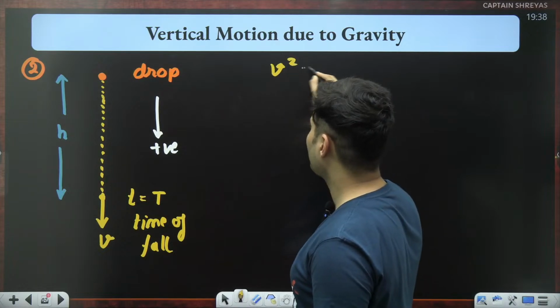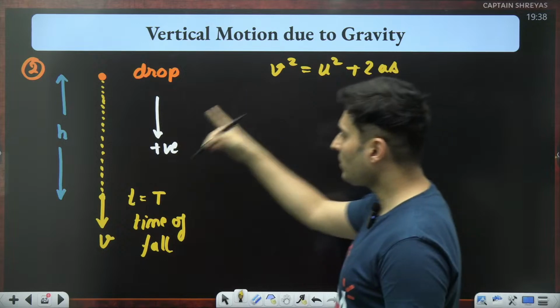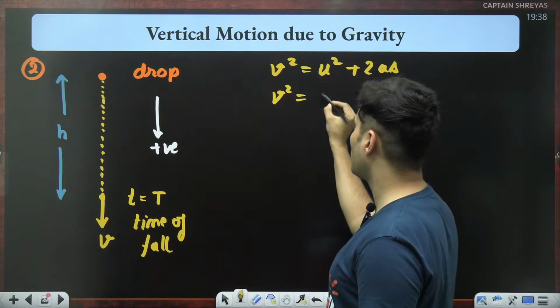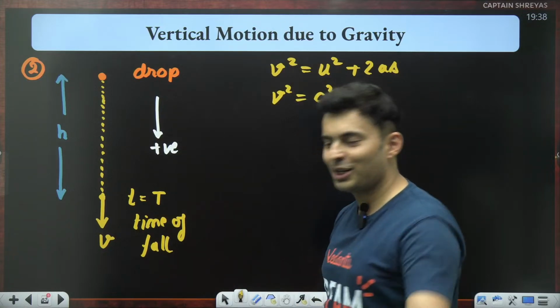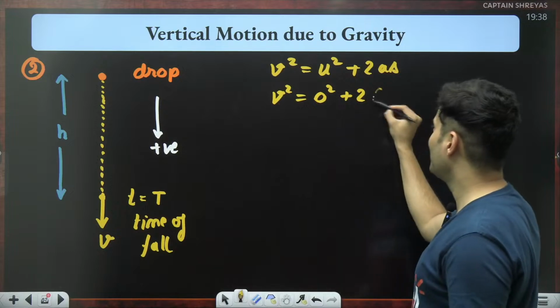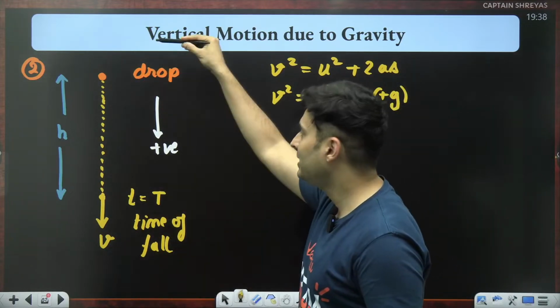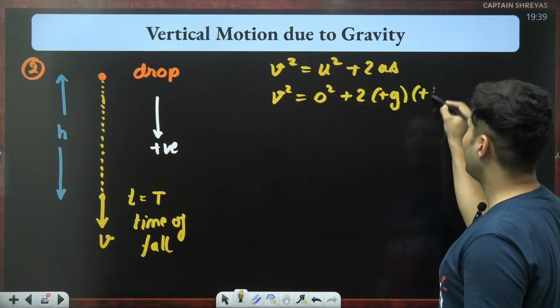So v square is u square plus 2as. Final velocity v. Initial speed, because it was dropped, it was 0. Plus 2 into, downwards is positive, acceleration is also down, so it will be plus g. Displacement downwards, downward direction is also positive, so it will be also plus h.